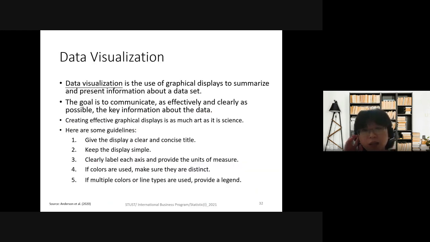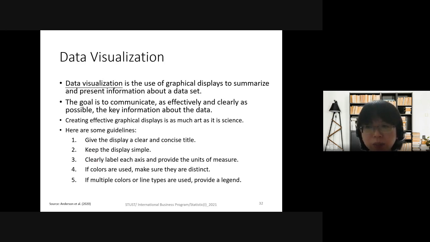And then the data, no matter which figure, which table, or what way you would like to show them, data visualization is a way for you to summarize and present the information to your audience.